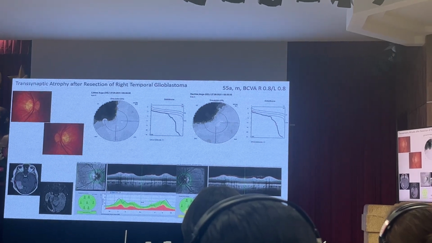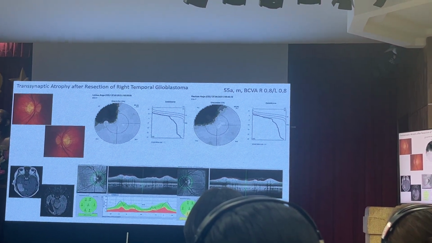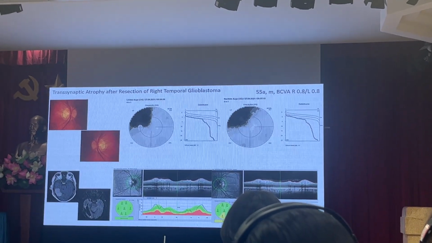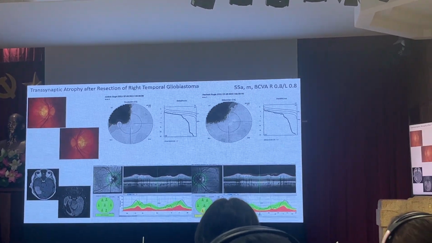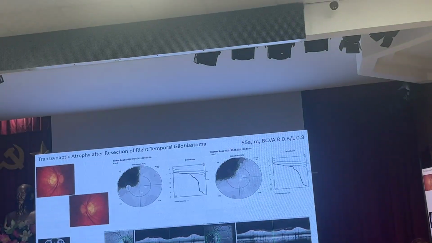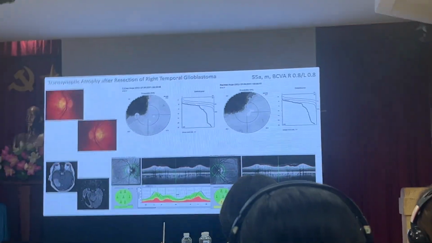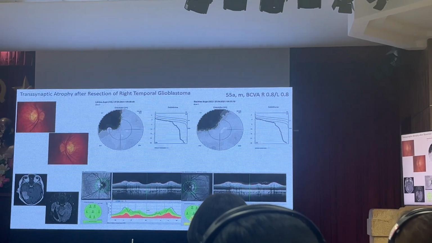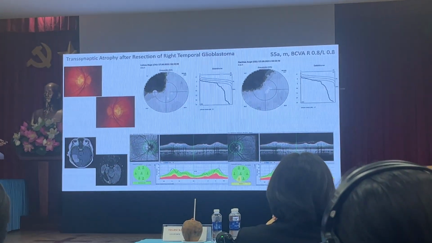This patient I've shown you in the last talk, just to remind you, had a glioblastoma on the right temporal lobe of the brain, which was removed by the neurosurgeons, and the optic radiation was affected with the typical homonymous loss of visual field to the upper left field.